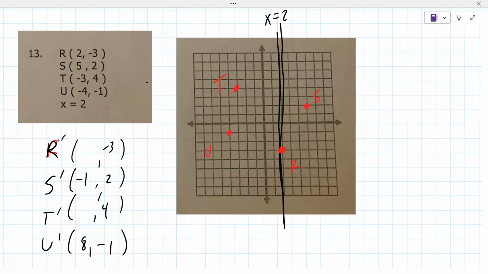T prime is 7, 4. That's right. And then R prime.